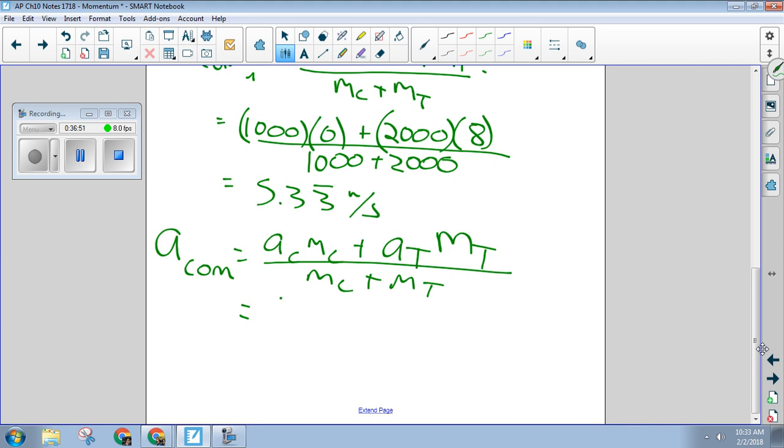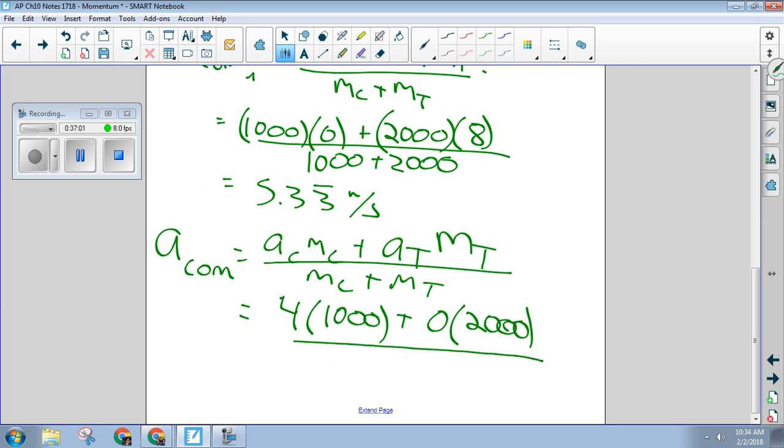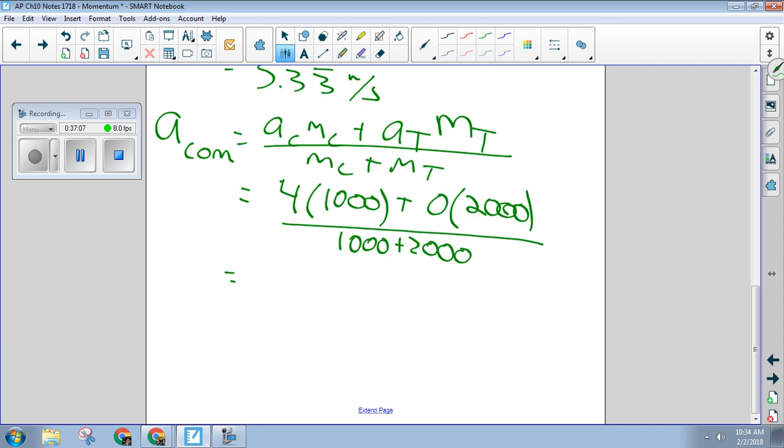Yep. Thank you. So 4 times the mass of the car, 1,000, plus the acceleration of the truck, which is 0, times the mass of the truck, 2,000, all divided by 1,000 plus 2,000. So solve it, and you get a third of 4, so 1.3 meters a second squared.